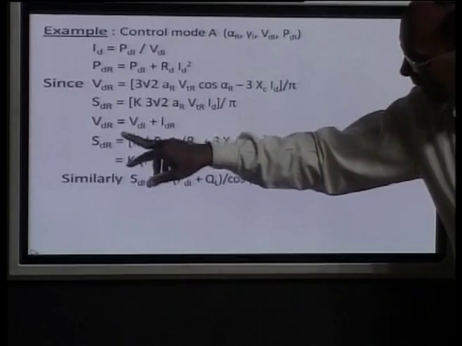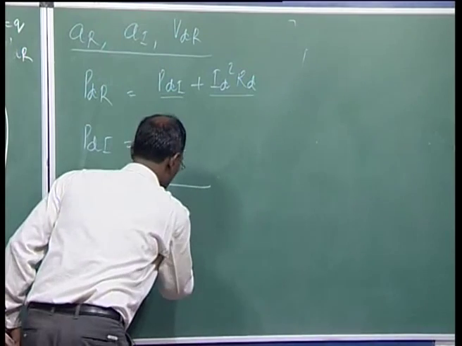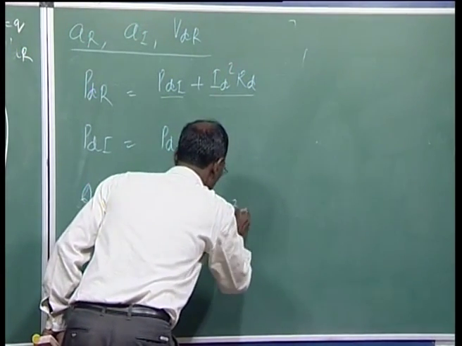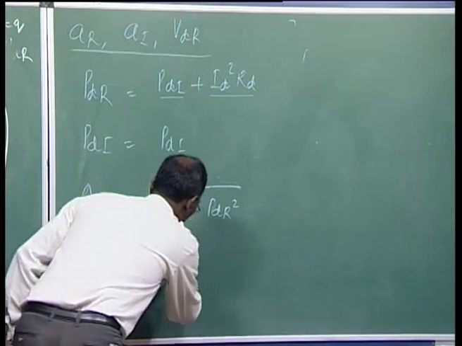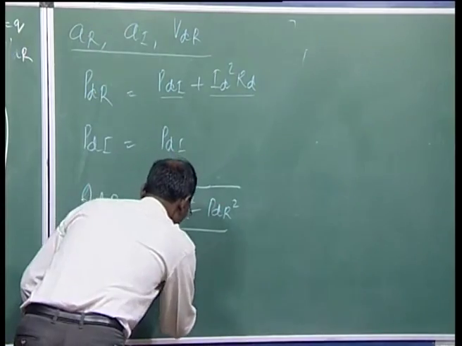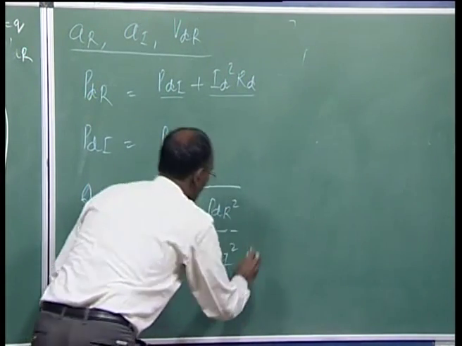Now, to calculate this SDR, because we require SDR before going for this, I can say SDR square minus PDR square, and similarly here we also have to write SDI square minus PDI square, as I said.